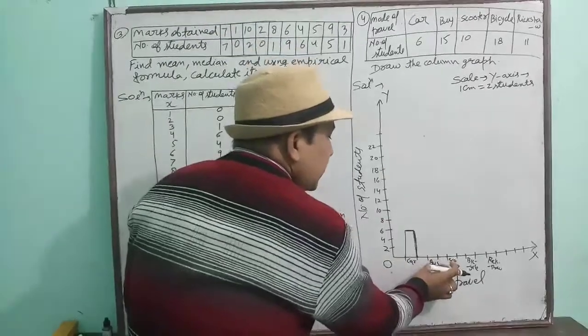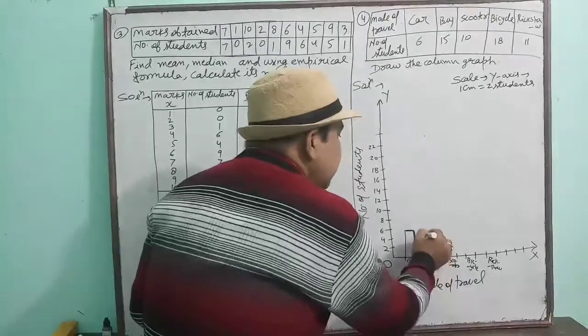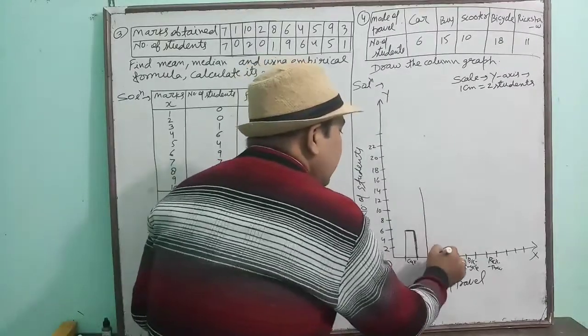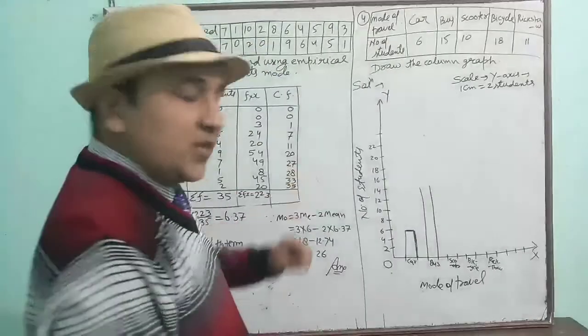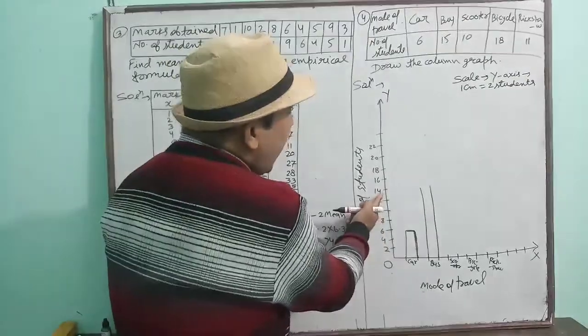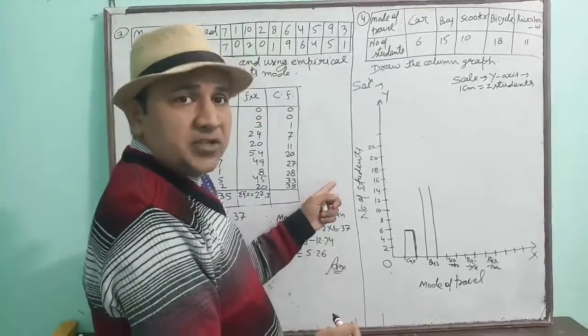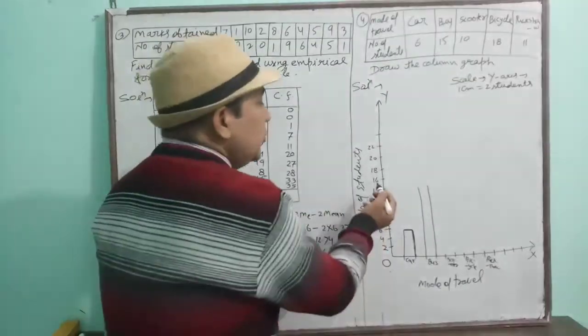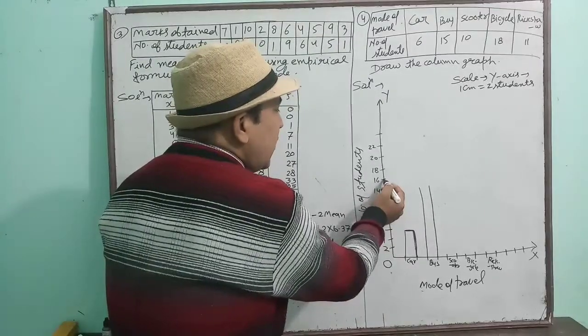So again the fourth box is representing bus. So from both the sides you will draw the line till 14. Now till 15. Now see here. In your graph after 14 there is 16. 15 you have not mentioned. So you should know that between 14 and 16 there are very small boxes.